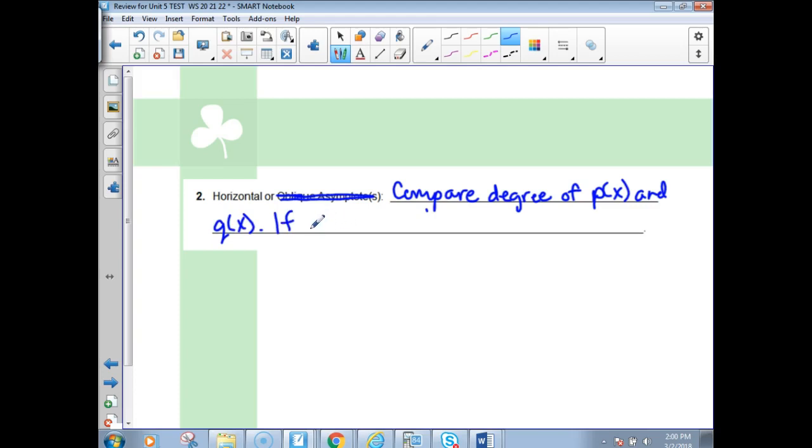Now I let you say top heavy and bottom heavy in equal weight. If top heavy, which you better know means the degree of the numerator is higher than the degree of the denominator, then no horizontal asymptote. You can abbreviate that. If bottom heavy, the horizontal asymptote is y equals 0.